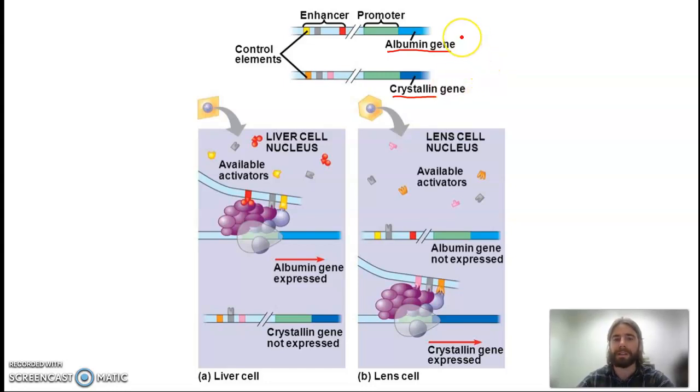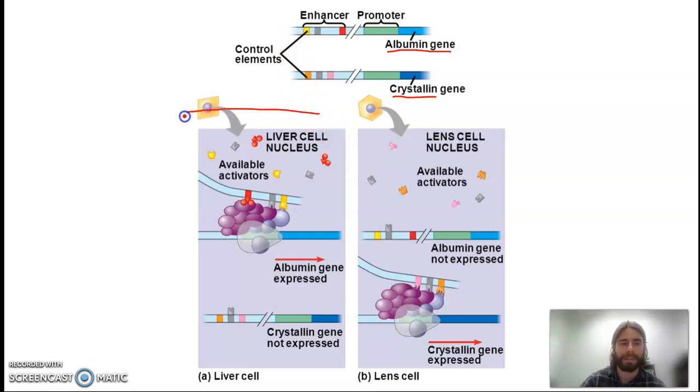Now, because our DNA is omnipresent and we have copies of all of our genes in all of our cells, it is not the presence of a gene that determines where and when it is transcribed, but the presence of certain activators that interact with these enhancer regions.